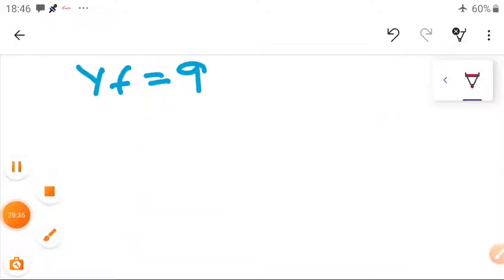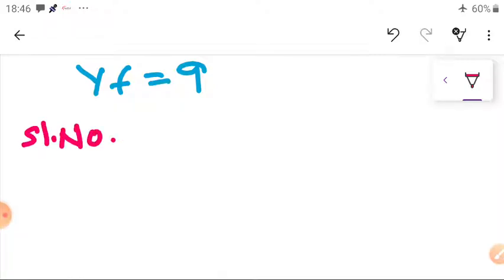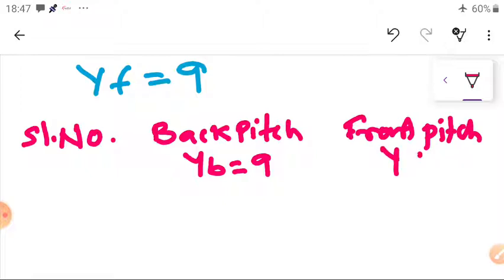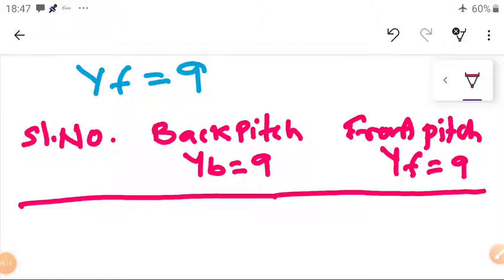The table has a serial number, the back pitch YB equal to 9, and the front pitch YF equal to 9. Based on this table we develop the complete set of conductors.